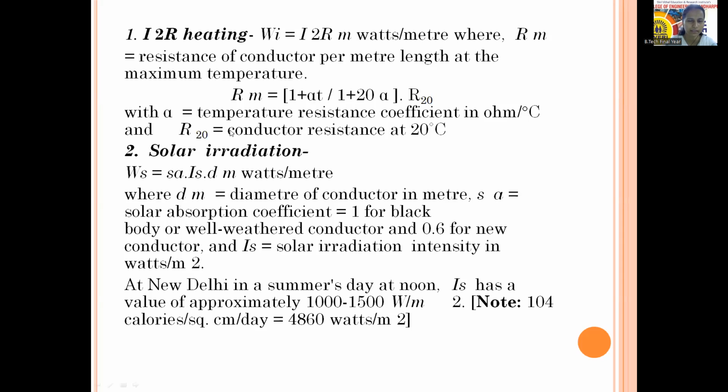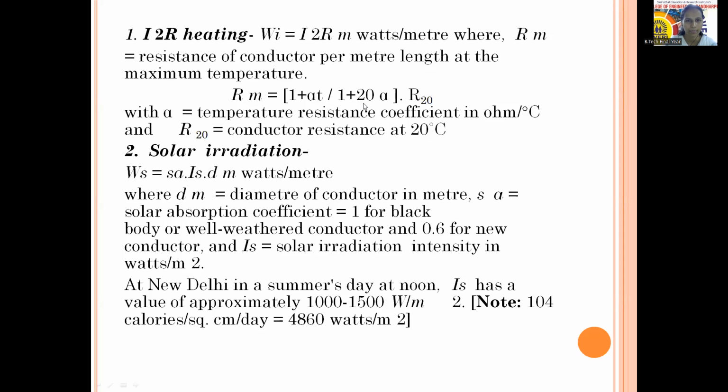This formula is R_m equals (1 plus alpha T) divided by (1 plus 20 alpha) into R_20. They have taken the resistance at 20 degrees Celsius, so in this equation it is taken as 20.